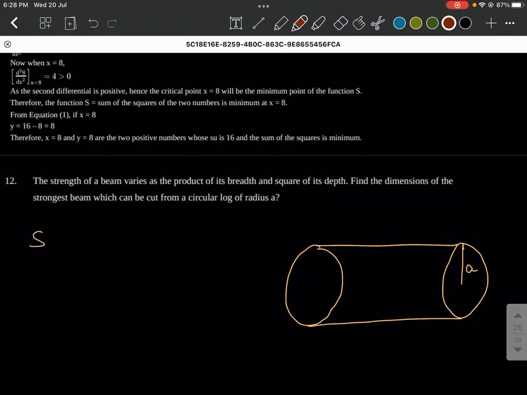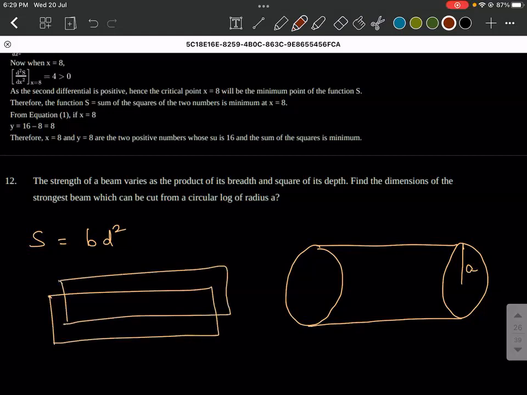So for strength, I'll use S. So strength is equal to B into D square. It should be a rectangle then.